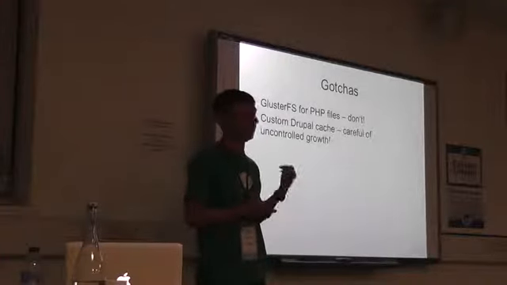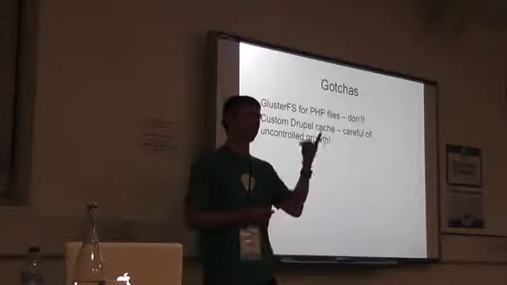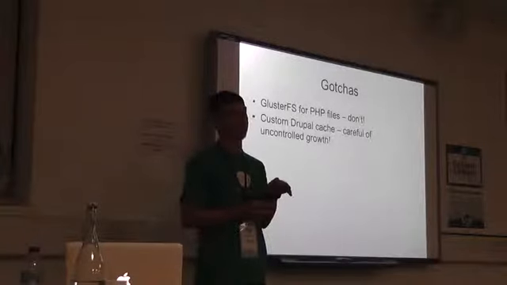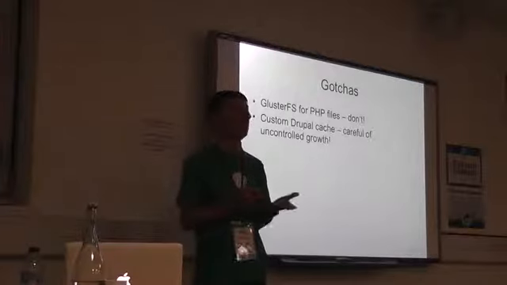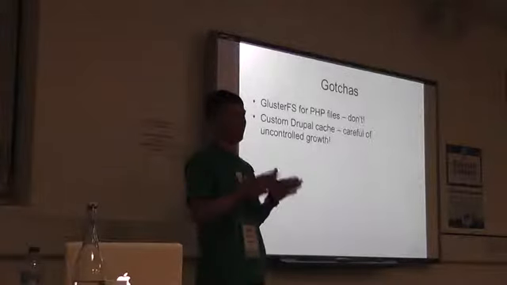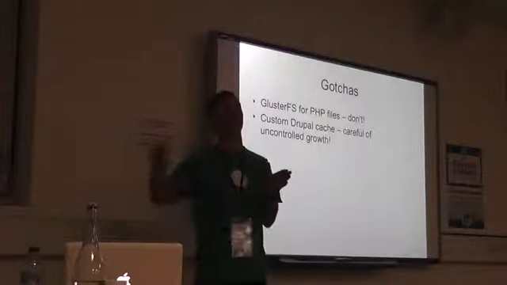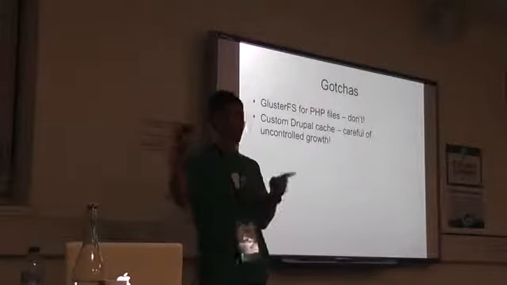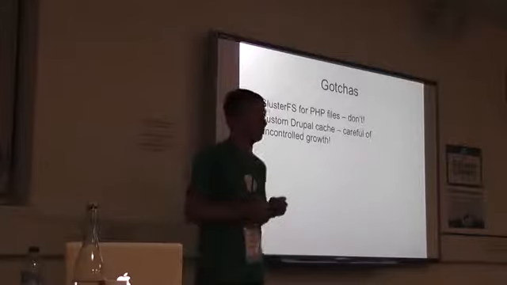It turns out that every time a request comes in and goes through Apache to PHP, PHP stats the file to check that it hasn't actually changed. On most file systems and operating systems, this is a very inexpensive command. It just says, yes, nothing's changed. On Gluster, it goes and checks all the other cluster members just to make sure that no one else has put a more recent version of the file there, and then it comes back and says, yeah, it hasn't changed.